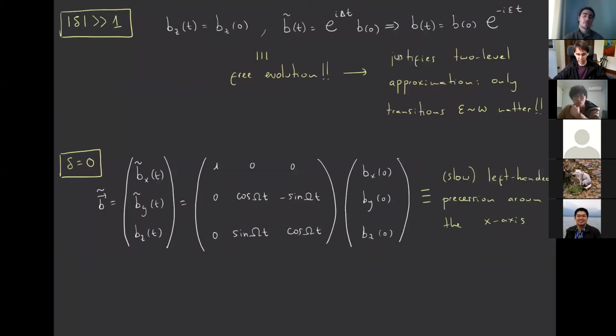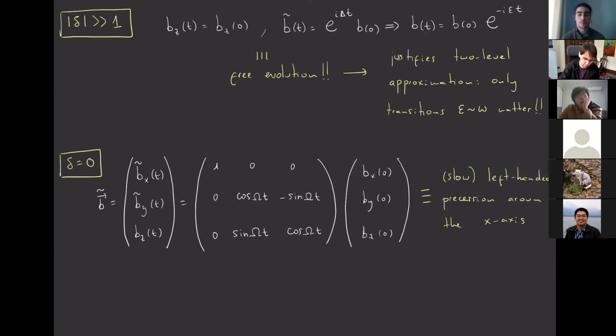So this is telling you that free evolution was a fast rotation around the z-axis. That was the evolution just of the atom without doing anything. And then if we discount that with what we have already done in here, with these slowly varying variables, what is left is just a slow rotation at frequency omega, much smaller than the optical frequencies, but around the x-axis.